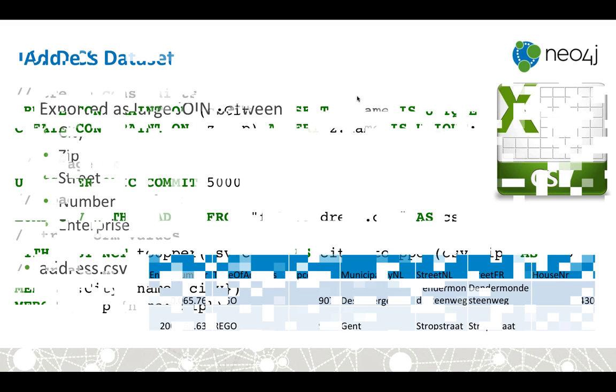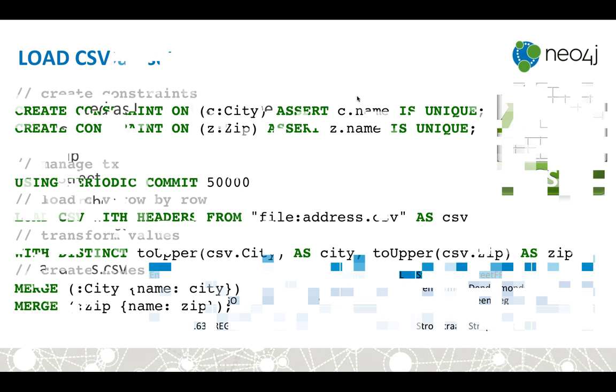For this address data set that we want to look at, my colleague Rik van Bruggen actually worked on that, and he asked me for some help. It's a large joined-together CSV file with cities, zip codes, streets, house numbers, and enterprise numbers, entity numbers from the Netherlands. When you want to import that, you have the CSV there, and then you would just write Cypher's LOAD CSV statements to create the entities.